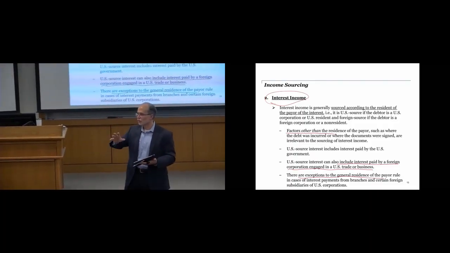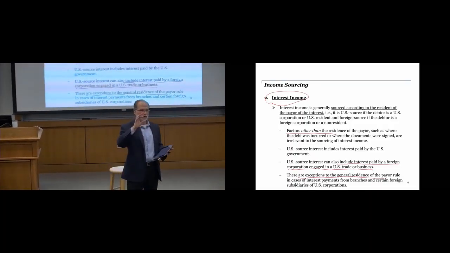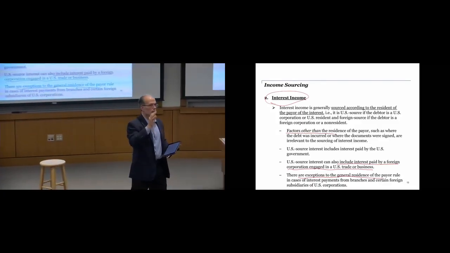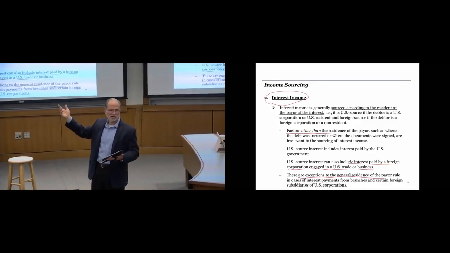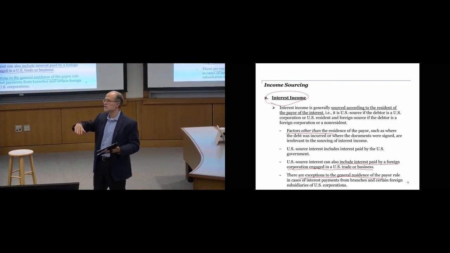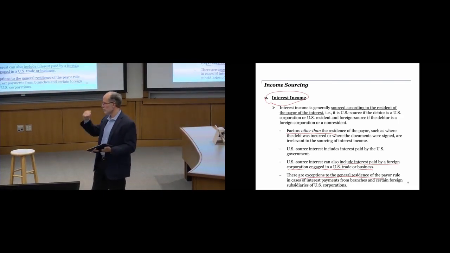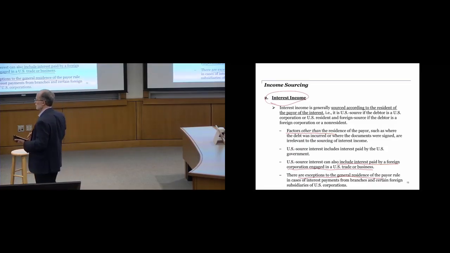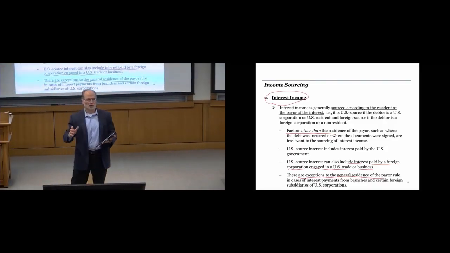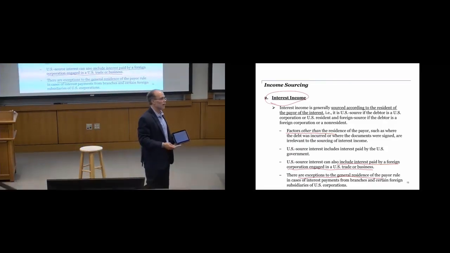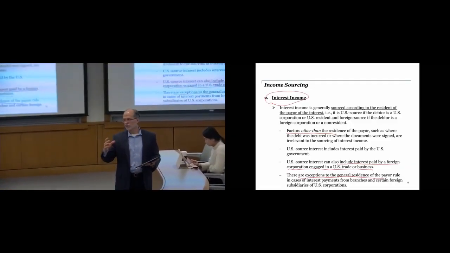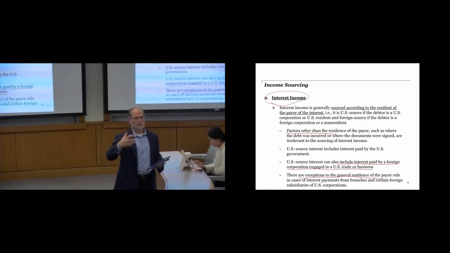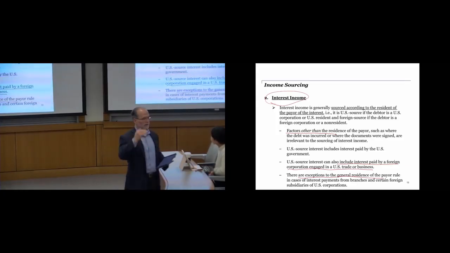So just remember that if you're working at a place, and you've got an interest sourcing question and it's a convoluted set of facts, make sure you read all of the rules on the sourcing of interest income, because if you have certain peculiar facts, you can also be caught up in that, and that can change your analysis as well. That just goes to the point that when you're doing research, be very thorough. Read everything on the rule to make sure you don't get caught in an exception.